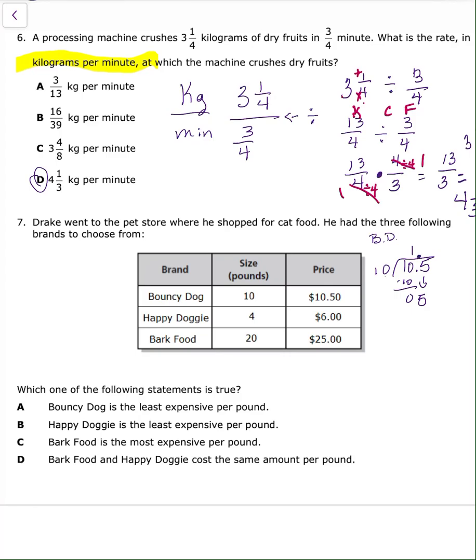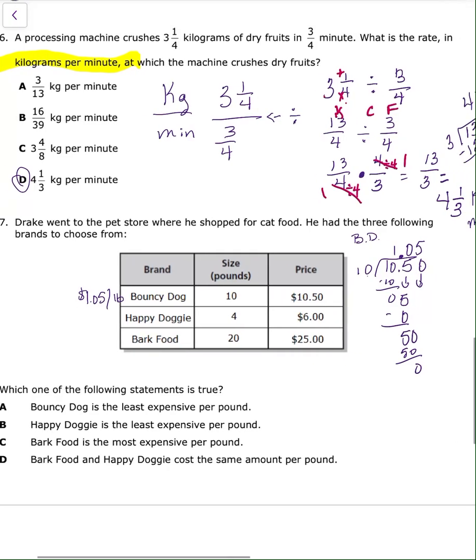10 can go into 5, 0 times, bring down this 0, and then 10 goes into 55 times. So be careful of that. Okay, so this one, I'm going to put it right over here, is $1.05 per pound. That LB is the abbreviation for pound, right?